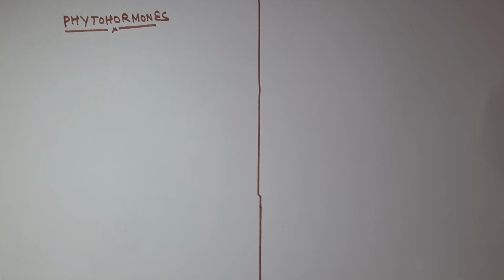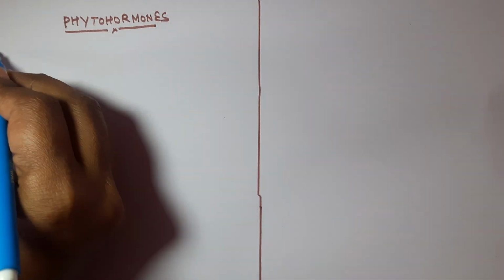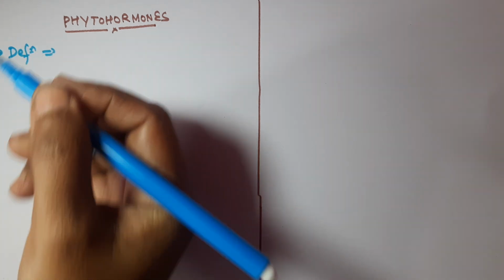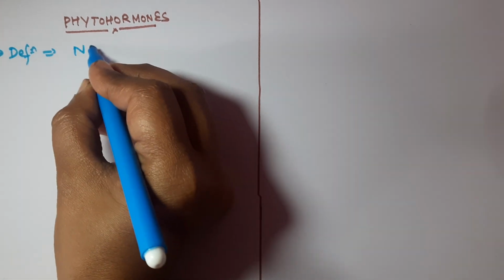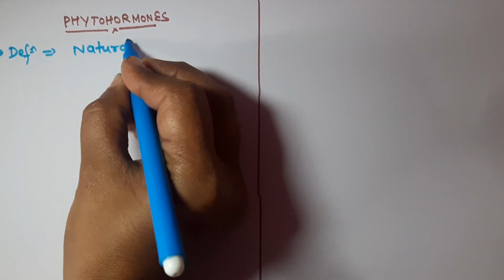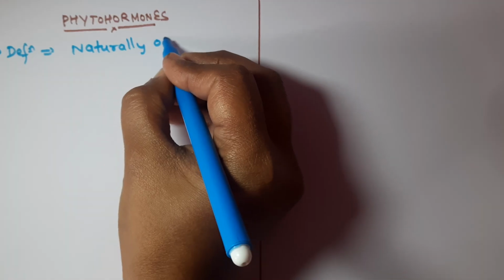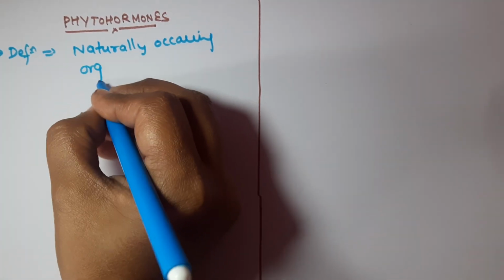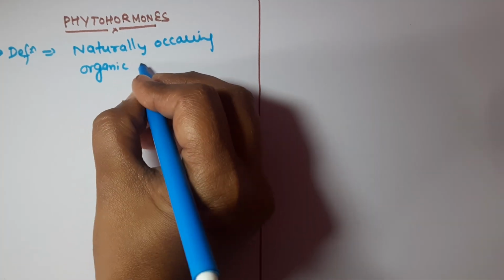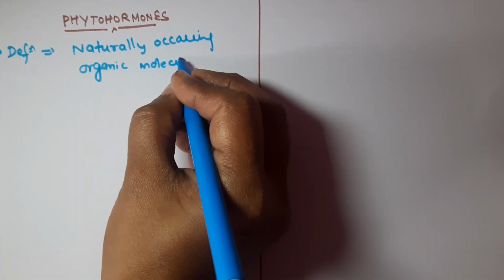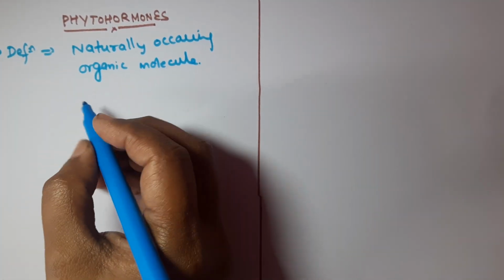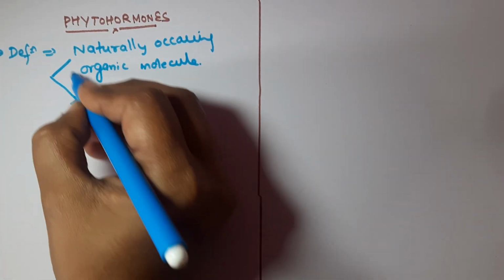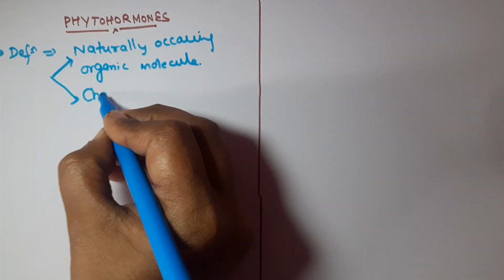Okay, so first of all, if the definition is asked in the examination, then what will you write? It's a naturally occurring organic molecule, or we can also say that they are chemical messengers.